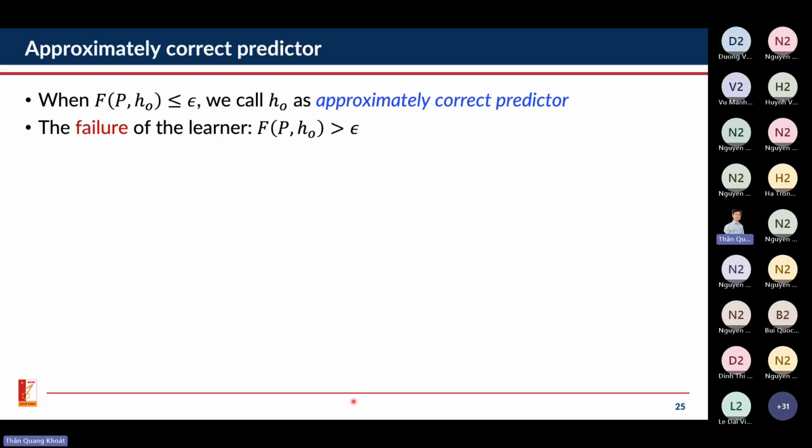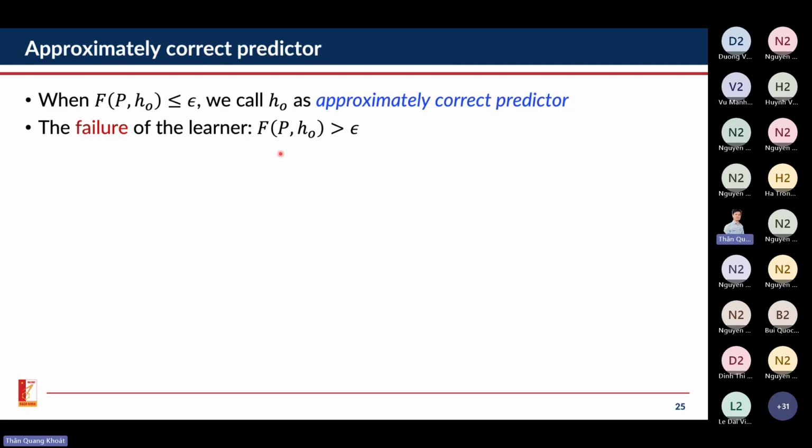Okay. Once we show that, we can say that S0 is an approximately correct predictor. When we do not have that result, in practice, sometimes the expected error of this model is greater than epsilon.